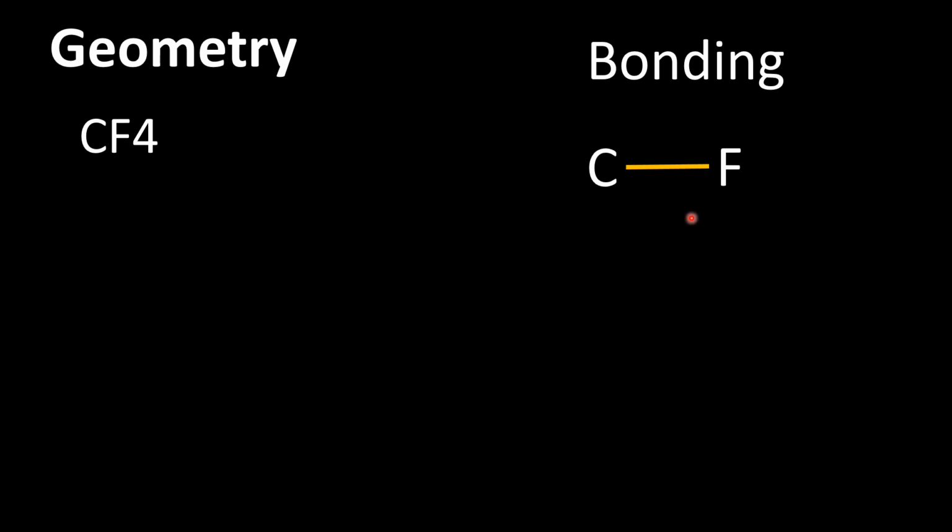Now we look at another example, like carbon tetrafluoride. We will discuss the geometry of carbon tetrafluoride, but before going to geometry, we need to discuss its bonding. In carbon tetrafluoride, there is the carbon-fluorine bond. The electronegativity value of carbon is 2.5 while fluorine is 4.